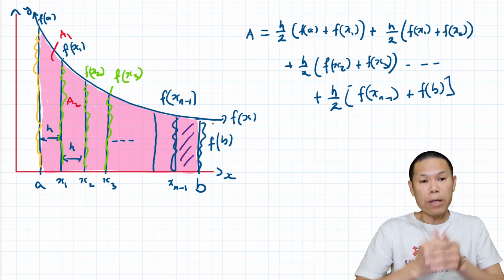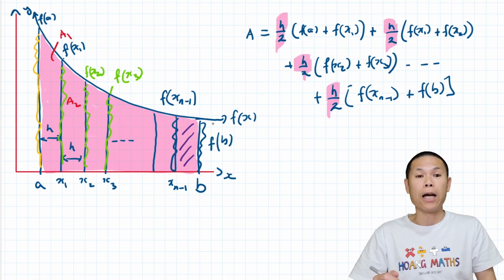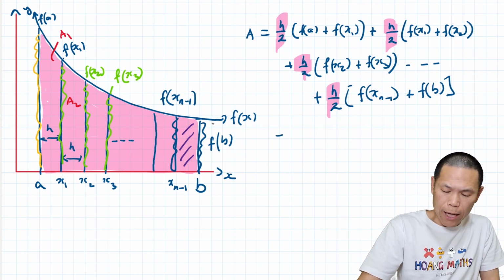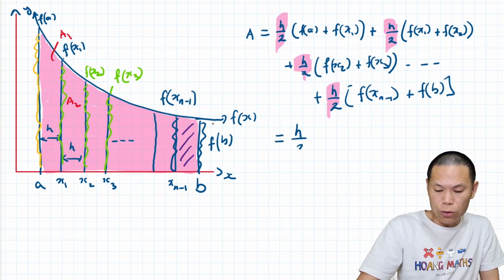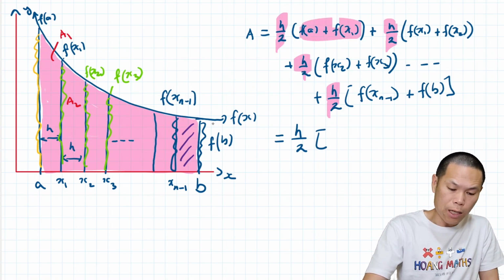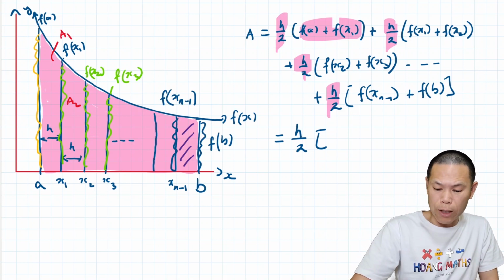There you go. But if you think about it, we have a common factor here. h over 2 is the common factor, so we can take it out. The first term leaves us with f of a plus f of x1.